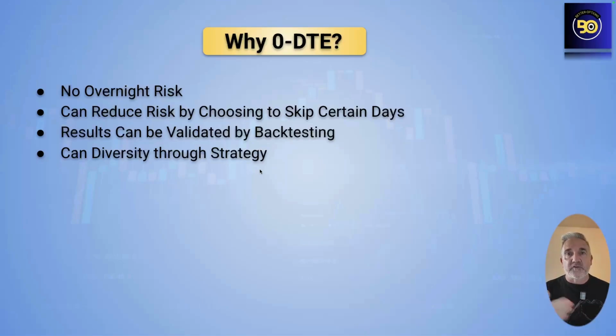There are many different strategies that you can employ. So you have the ability to diversify your strategies through zero DTE. So not only are you reducing risk by not having overnight risk for zero DTE trades, you also have the capability of reducing risk by diversifying your strategy with the zero DTE style.